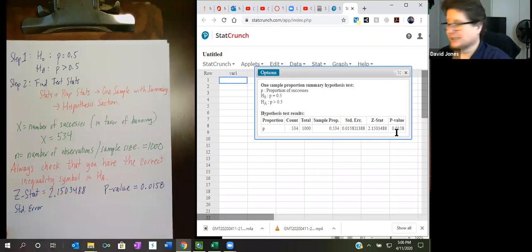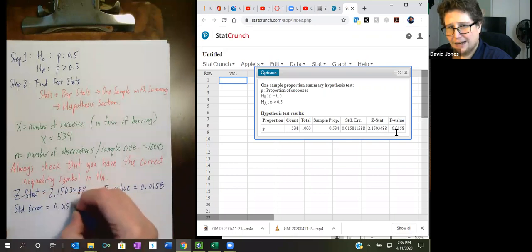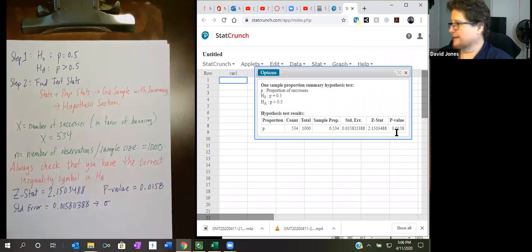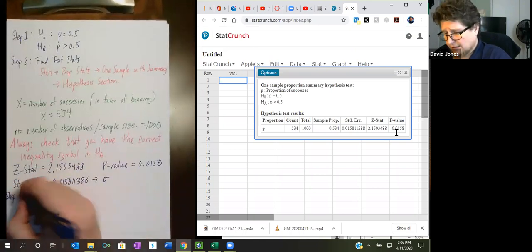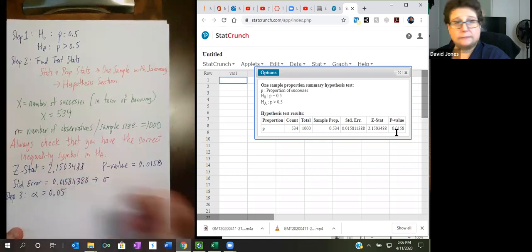Guess what that is? Well, it tells us 0.015811388. In a second, I'm going to show you that that's the standard deviation. Okay? So that was step 2. Step 3 was identify alpha. Level of significance is given as alpha equals 0.05.